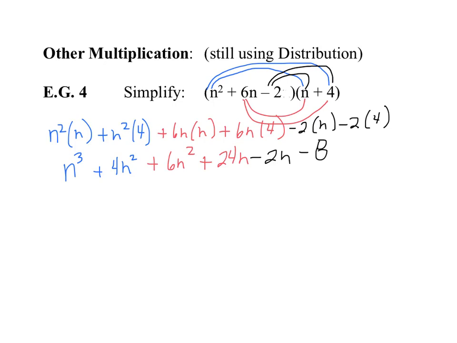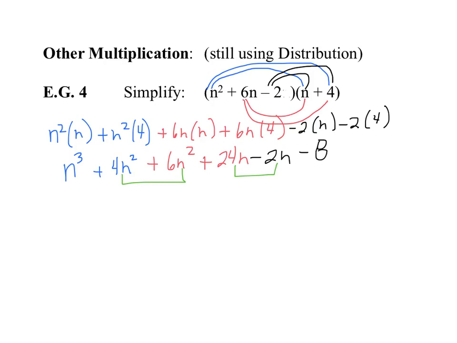And now that the distribution has been applied, and we've simplified, now we're going to check for like terms. Are there any values that go together? So n cubed doesn't have a partner, but you've got an n squared here that can combine there. You've got some regular n's that can combine together. Negative 8 stands alone.